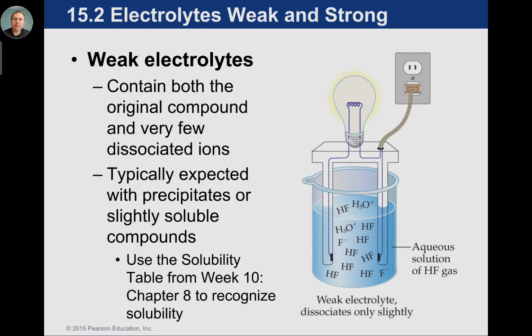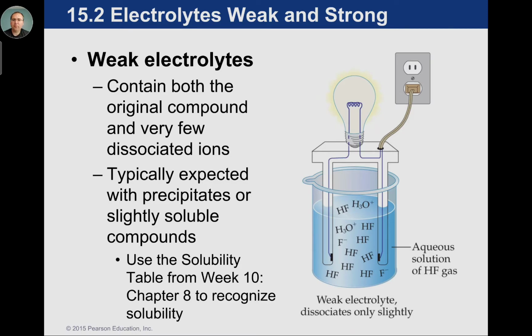As we look a little bit closer at weak electrolytes, we see that these little HFs are mostly together. It's kind of like in a scary movie, where if you're a small, scared person and the villain's chasing you, maybe you're going to be hiding together in the bushes because you're afraid for your life, right? And that's kind of what HF is doing: most of the time it's stuck together because it fears separation. It feels like if they're not together, they won't be safe.